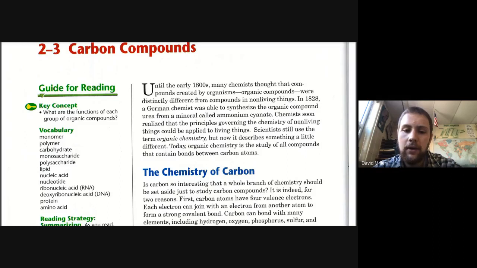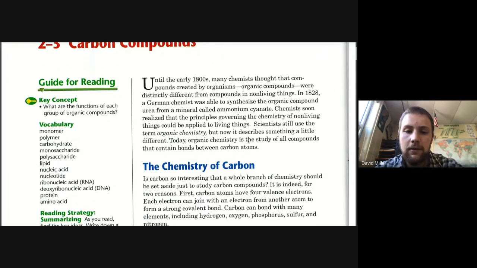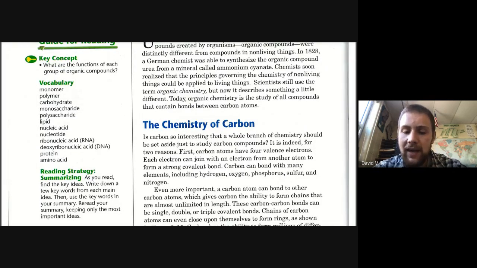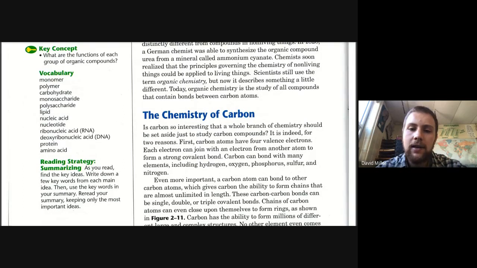Chemists soon realized that the principles governing the chemistry of non-living things could be applied to living things. Scientists still use the term organic chemistry, but now it describes something a little different. Today, organic chemistry is the study of all compounds that contain bonds between carbon atoms.